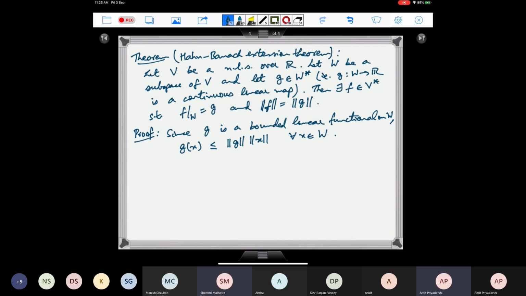So in fact, we know that g x is less than or equal to this and greater than or equal to minus of this, right? Why am I writing it like this? Because in the previous theorem, we wanted g of x to be less than or equal to some p of x. So we will put this as p of x.